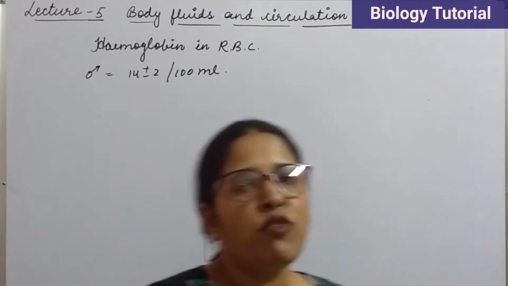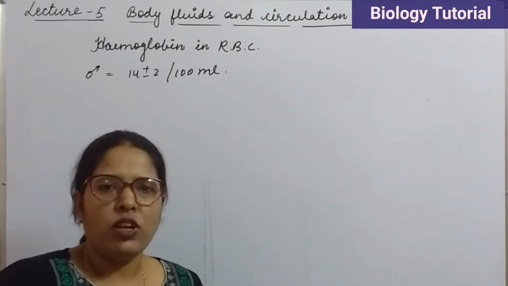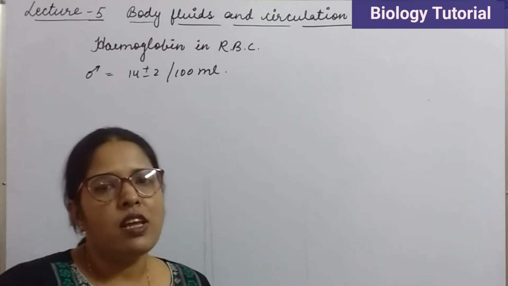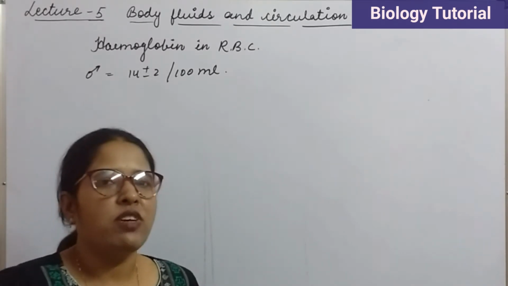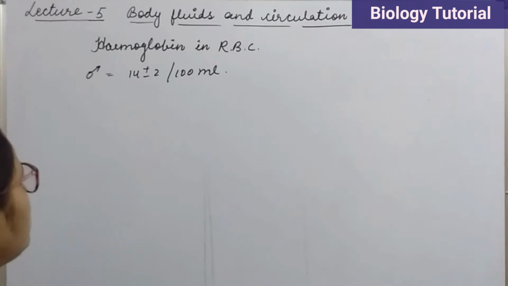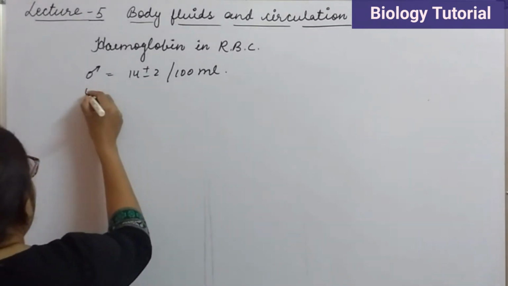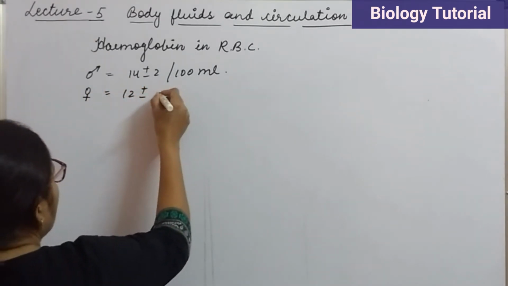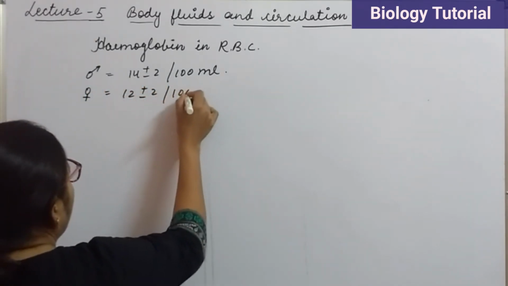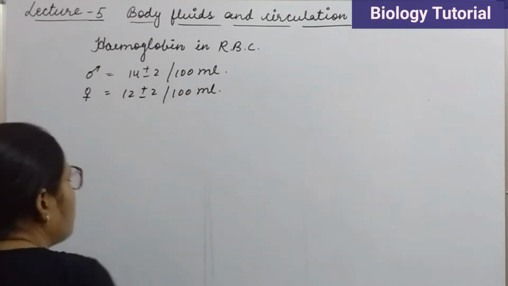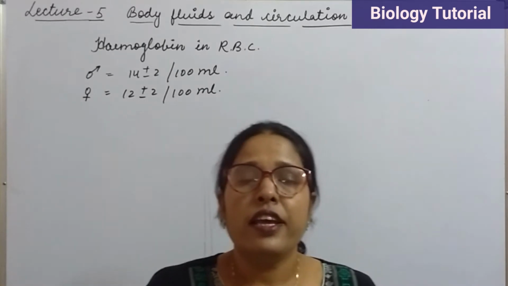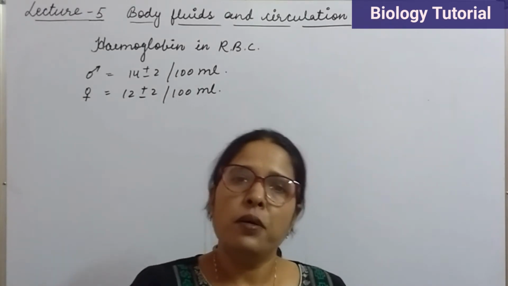It is about 14 plus minus 2. ठीक है, 14 plus minus 2 means 16 or 12, approximately on average we consider it around 15. So it is 14 plus minus 2 per 100 ml of blood, and in case of females it is about 12 plus minus 2 per 100 ml of blood. It is the amount of hemoglobin in the blood.